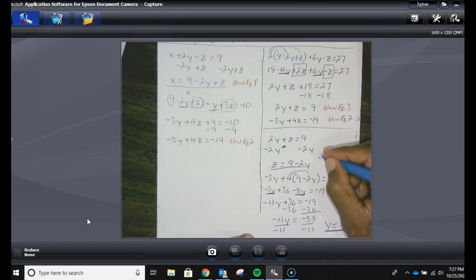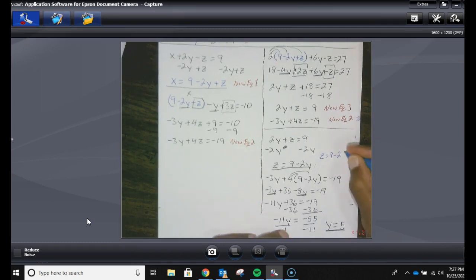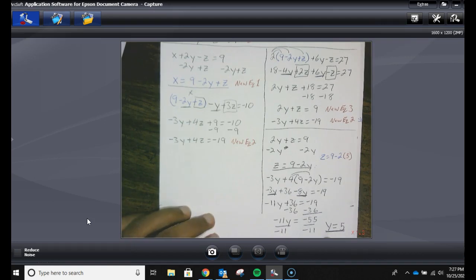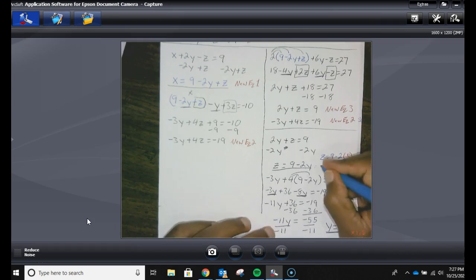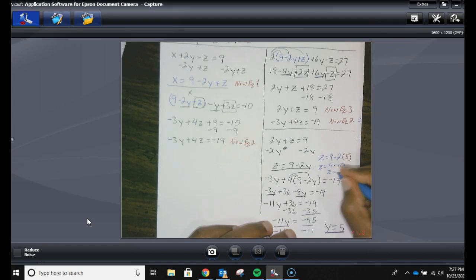So z is equal to 9 minus 2 times y. Y is 5, so I'm going to put a 5 right there in place of it. And so now I end up with z equal to 9 minus 10, and then z will be equal to -1.